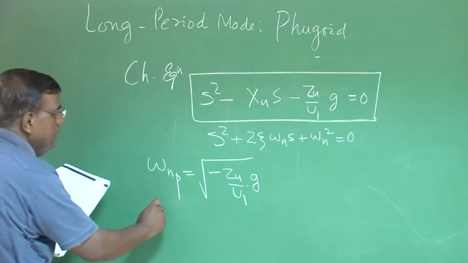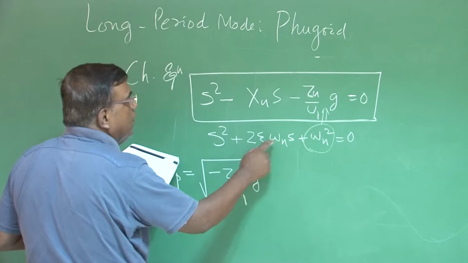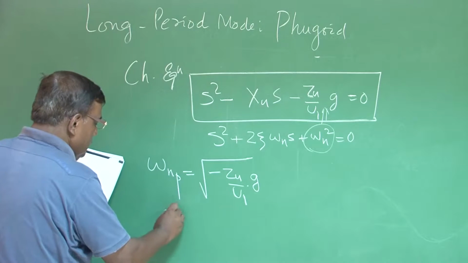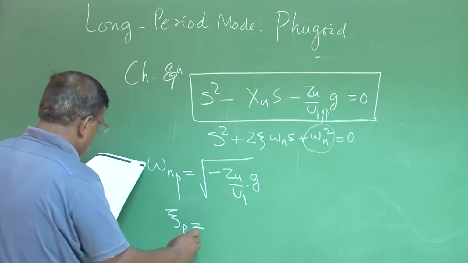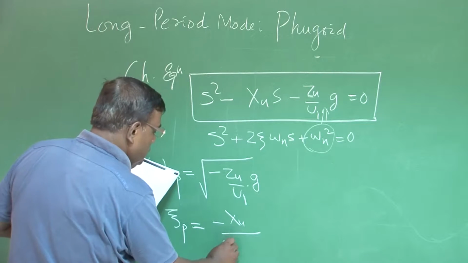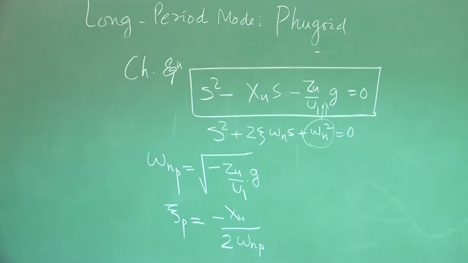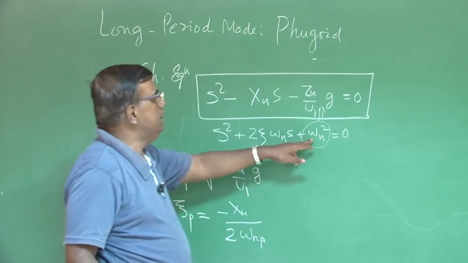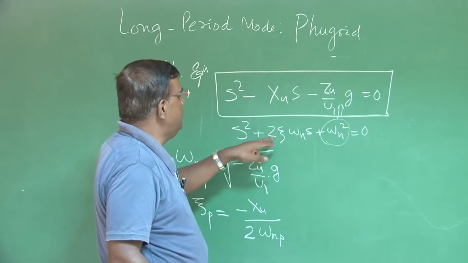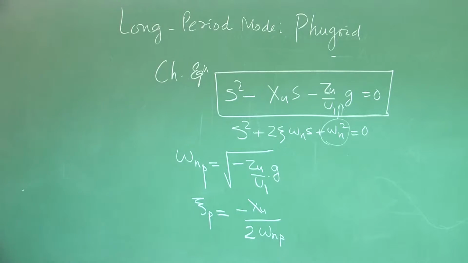Right? Similarly, because this is omega n square, this is equal to this. Similarly 2 zeta omega n is minus Xu. So, zeta phugoid, I find it as minus Xu by 2 omega n phugoid. As simple as that. Omega n will be under root of this, and 2 zeta omega n equal to minus Xu. So, from there I find the expression for natural frequency phugoid and damping ratio phugoid. Okay.